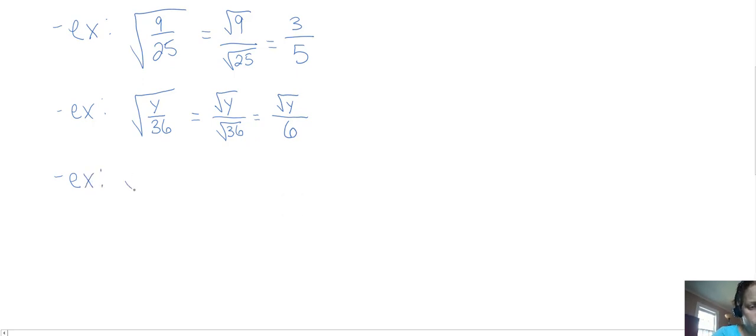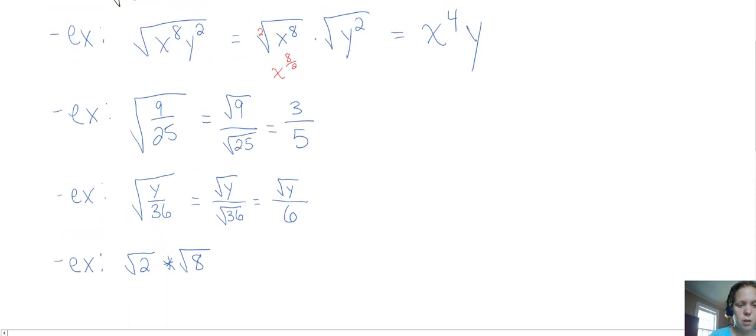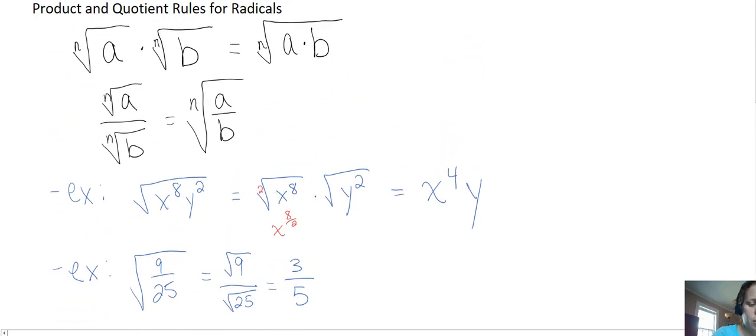Okay, how about this one? Square root of 2 times square root of 8. So now I'm going the other way. So the last three we just did, we started off with one radical, one square root, and then we pulled it apart. Now they're pulled apart, and we're going to look at how is this helpful if I can put them together.